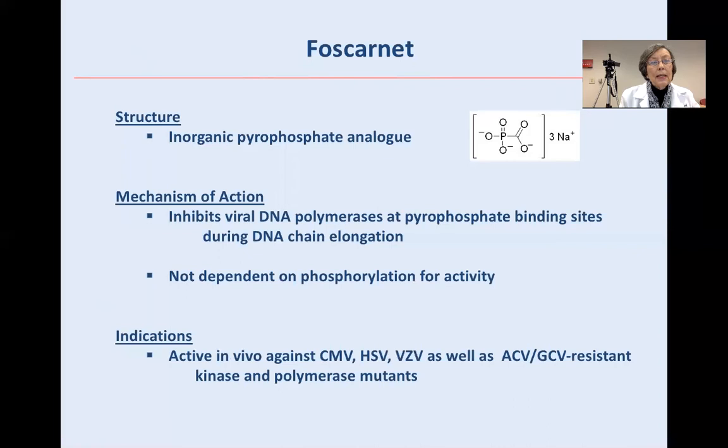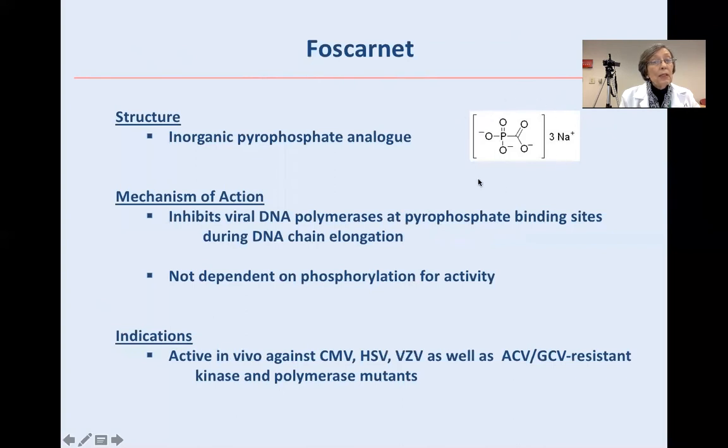Foscarnet is an inorganic phosphate analog. That's what it looks like. And note it's a single phosphate group. It inhibits viral DNA polymerases at the pyrophosphate binding site. So it prevents cleavage of the pyrophosphate and therefore terminates the chain. It's not dependent on any phosphorylation for its activity.